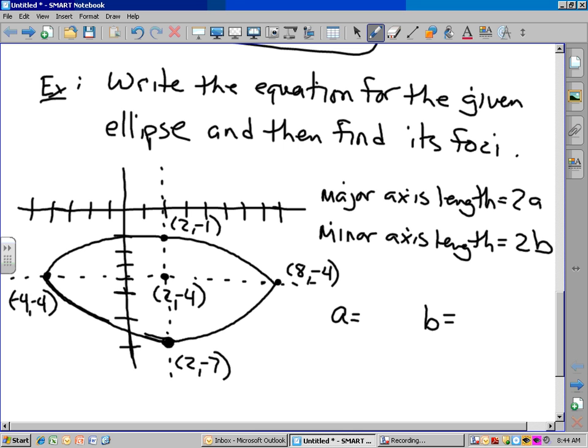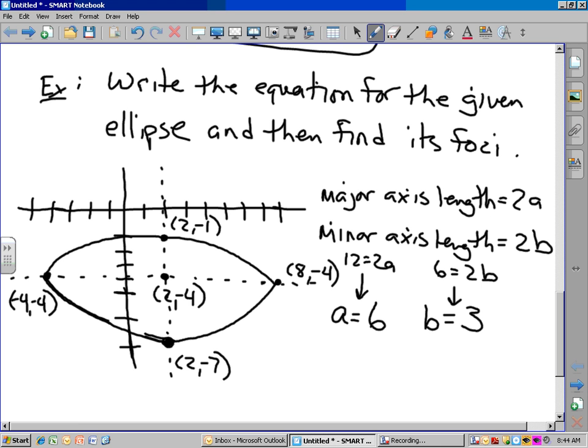We actually already said what they were, whether you realized it or not. The major axis length is 12. Half of that would be 6, because we need 2a. So 12 equals 2a. A is going to be 6. Half of the minor axis length is B. So we got A, we got B.